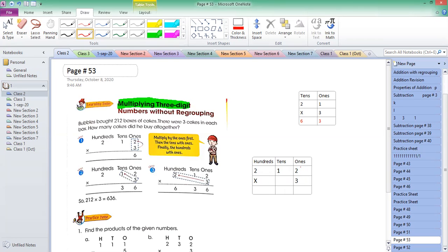So again I am repeating how you have to multiply. You have to multiply the ones first. On the ones there is 3 and there is 2.